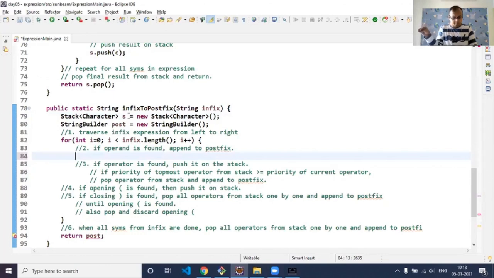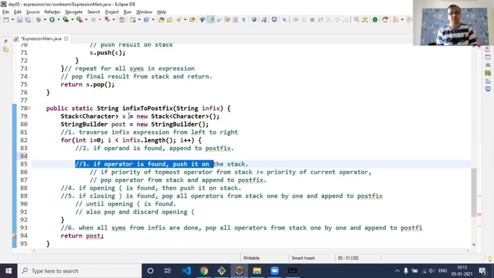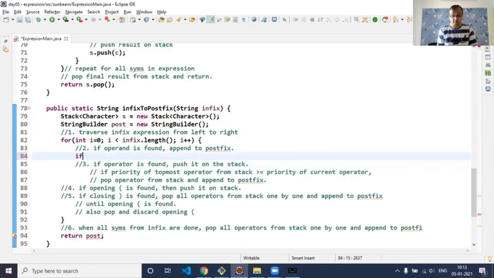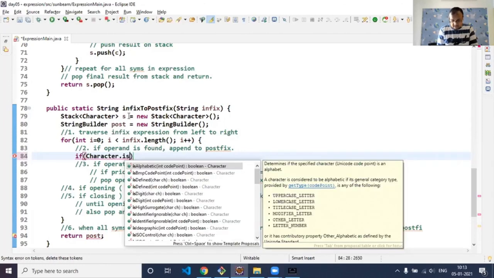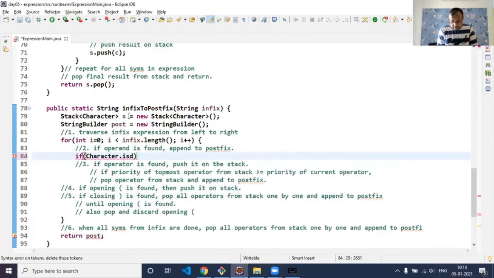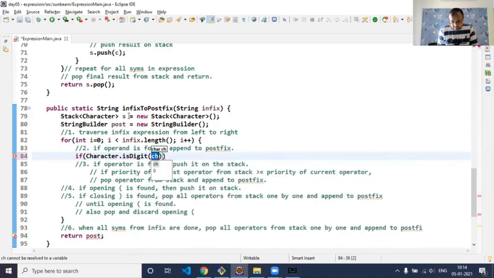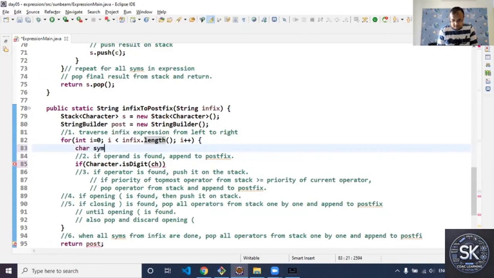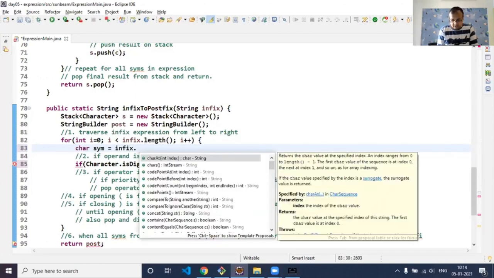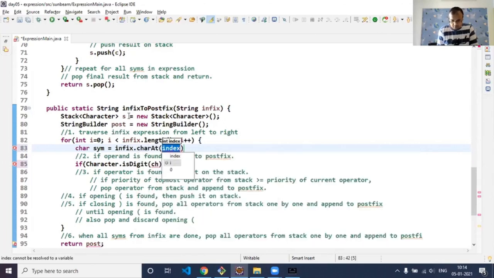So if an operand is found, then we need to append it to the postfix, and if an operator is found, then we need to push it onto the stack. Let us do it one by one. If character.isDigit, current symbol, let me access the symbol one by one. मैं यहाँ पर एक character symbol करके declare करता हूँ, so that it will help me read it in an easier way.